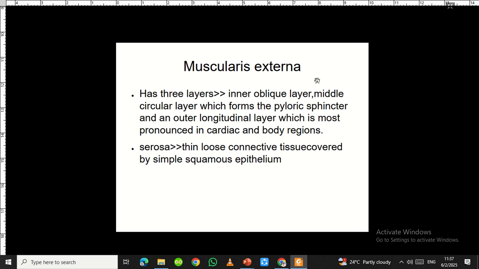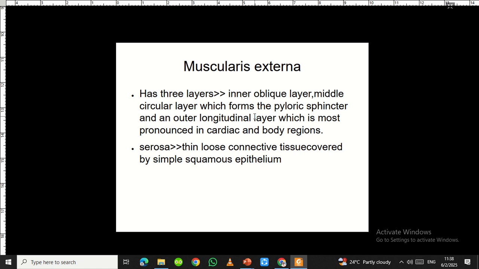Right. Interestingly, the stomach muscularis externa has three layers, like I said before. That is unique to the stomach. So you're going to have your inner oblique layer, mid-circular layer, and outer longitudinal layer, right?